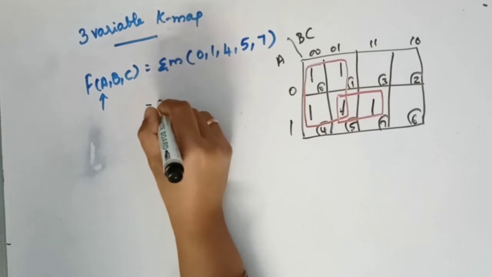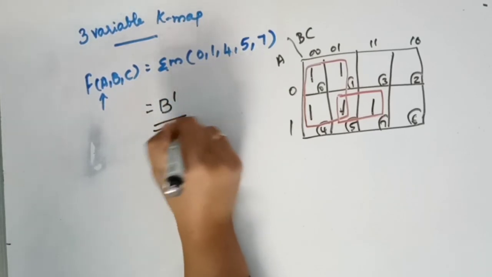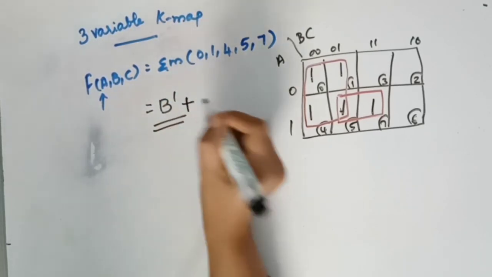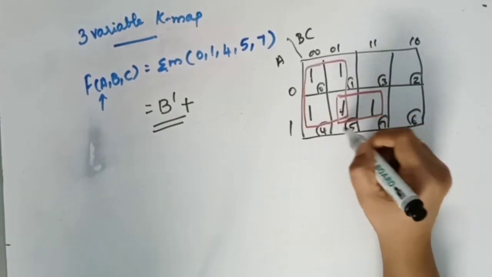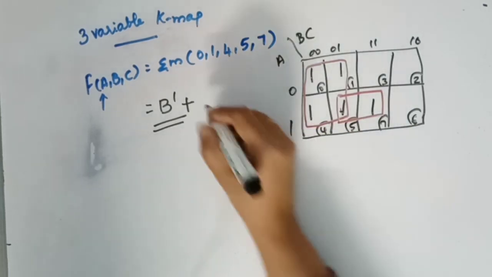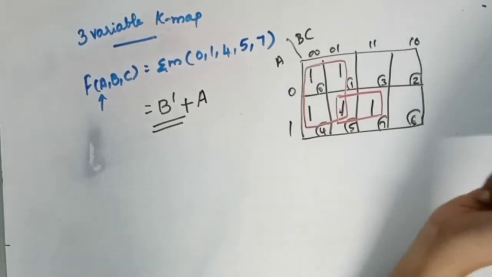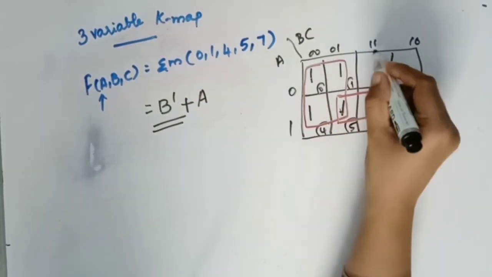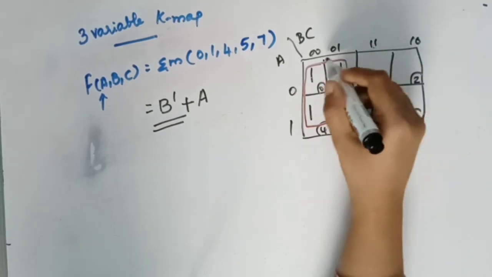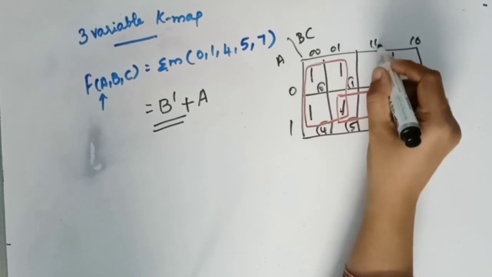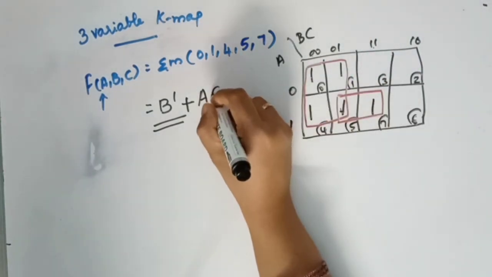So what is the answer? B is 0. That is B bar. Plus, go to the next group. So for these 2, A is 1 and if you see B, B is 0 here and B is 1 here. So B is different. C is 1 here and C is 1 here. So it is AC.